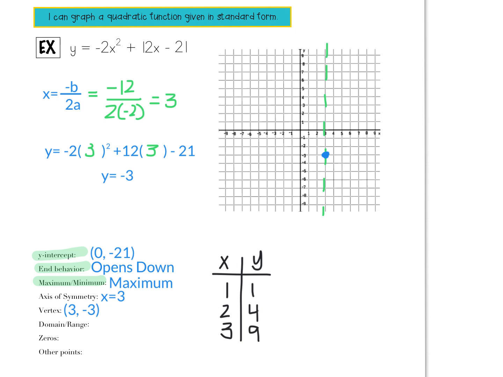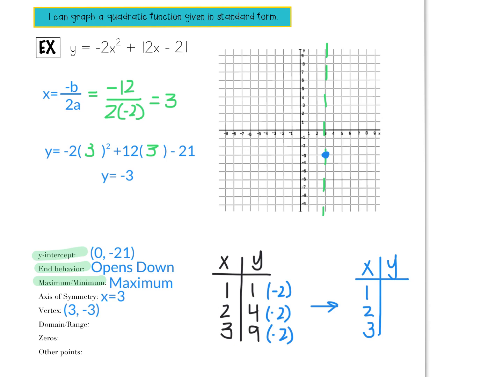Now, that's my normal parent graph function, but another transformation that's happened is not only are we taking the parent graph and shifting it left or right, but we're also giving it a vertical stretch. So we're multiplying it by -2, meaning instead of a right or left movement of 1 and a vertical movement of 1, a right or left movement of 2 and a vertical movement of 4, we're now doing that times a -2.